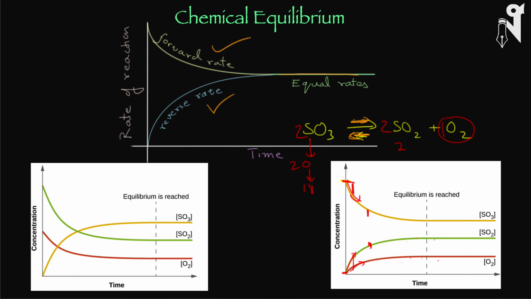And when that happens, none of the ingredients SO3, SO2, O2 is going to go up or go down in value. It's not that the reaction is not happening, the reaction is happening, but it is at equilibrium, meaning to say how much ever is getting formed is going to react and unform and form the other side.